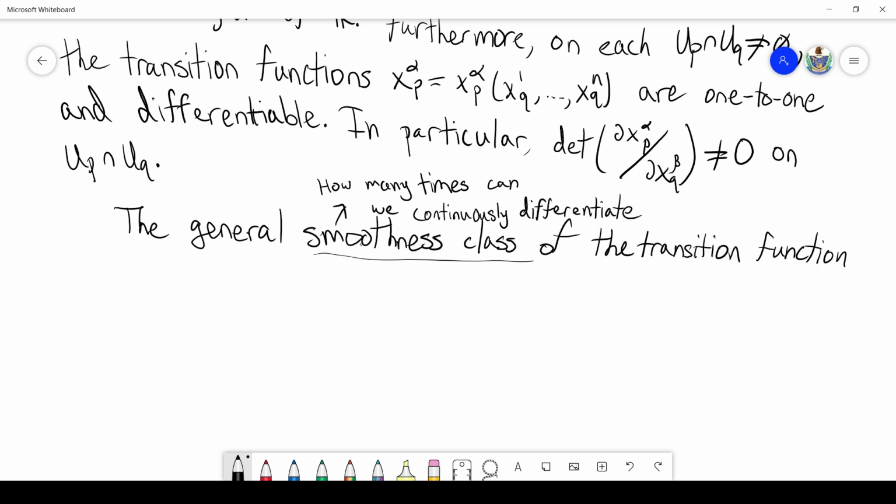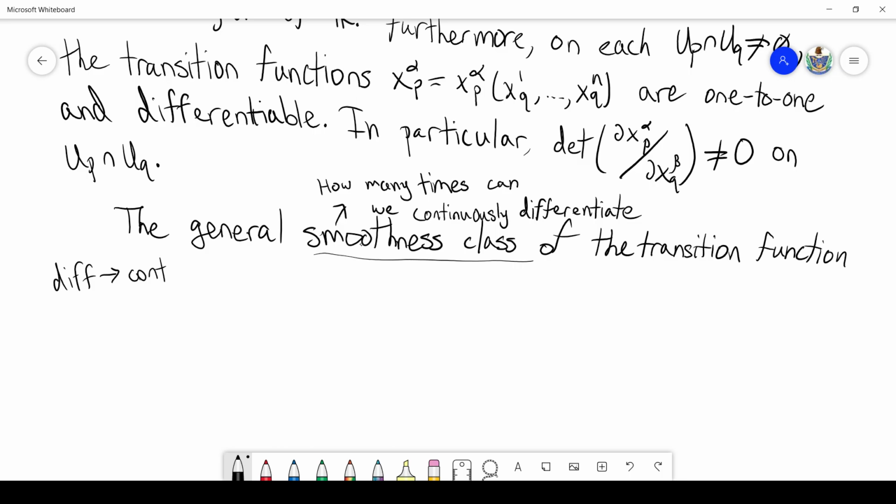For instance, we know that a differentiable function has to be continuous, right? So differentiable implies continuity, but we can take a derivative of a differentiable function, and that derivative may not be continuous.